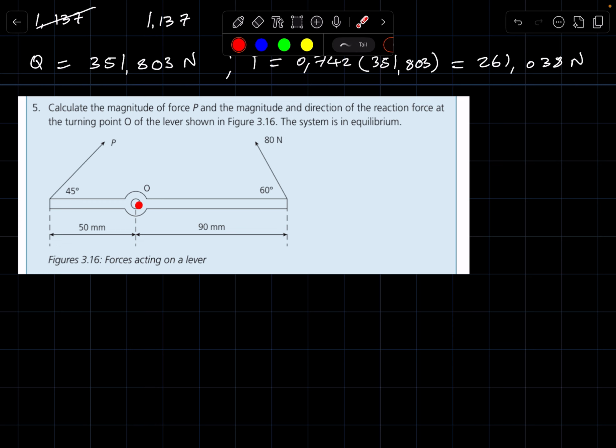Once you've calculated the two components, we'll then be able to calculate the reaction force at this point using Pythagoras. Remember the question is to calculate the force P and the magnitude and direction of the reaction force. This is where this lever system is hinged, so the reaction force will be at this point.